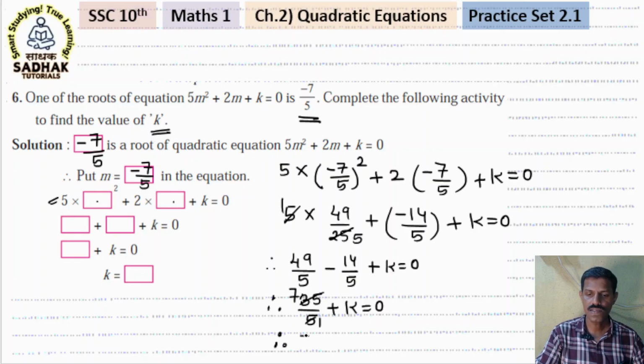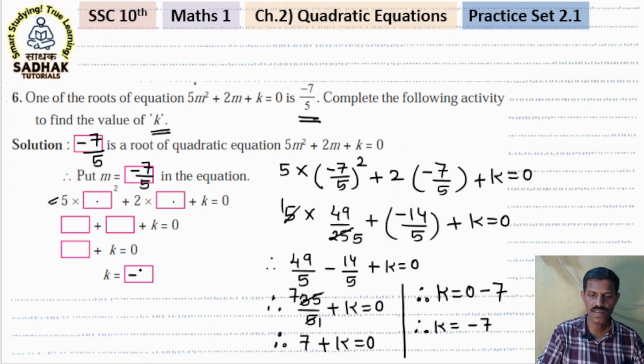So that will give us 7 plus k is equal to 0. Therefore value of k will be 0 minus 7. This plus 7, when it goes on the right hand side, it will become minus. Be careful of that. So k will be minus 7, okay. So this is the answer that we can write here, k is equal to minus 7.